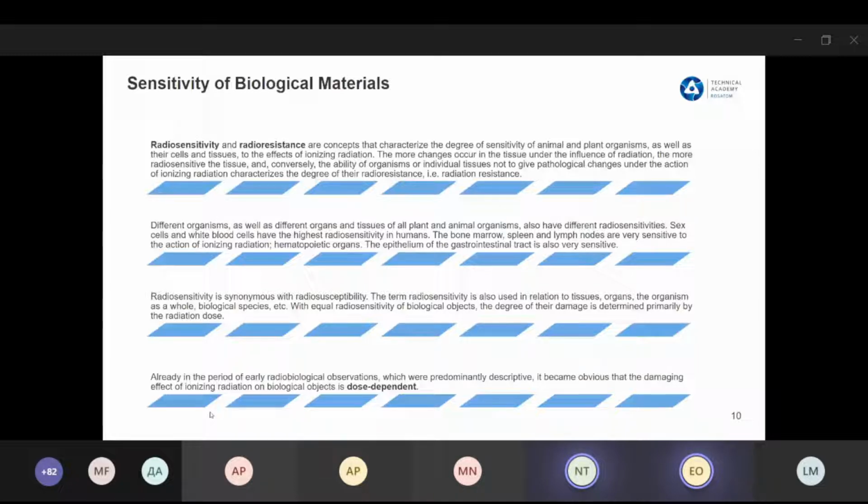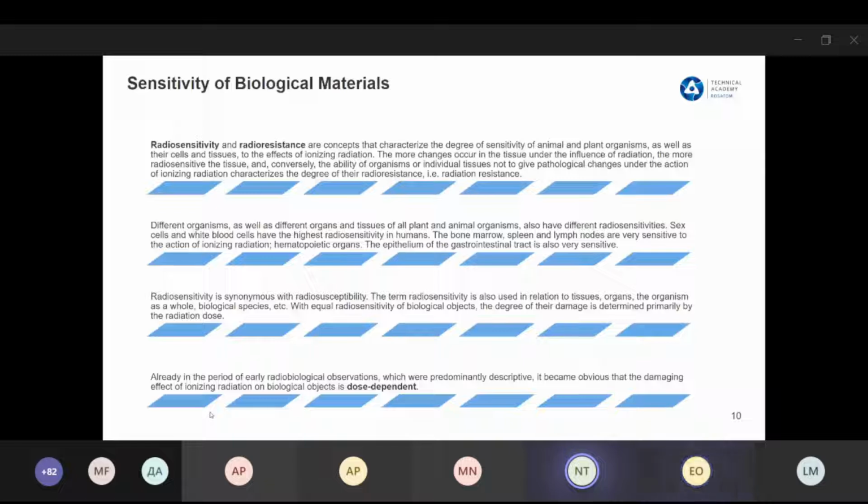These two properties do not necessarily correlate. A tumor may be highly susceptible but radioincurable. For example, leukemia and myeloma, or relatively radioresistant and radiocurable.